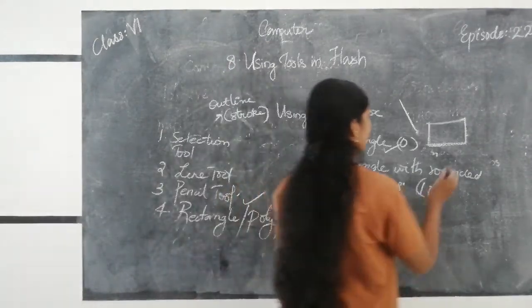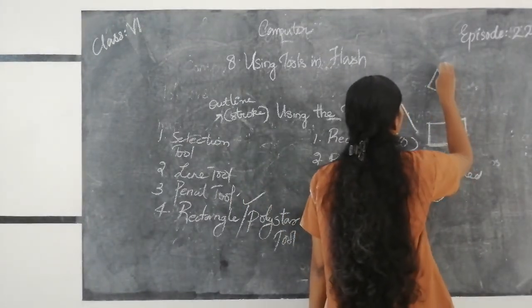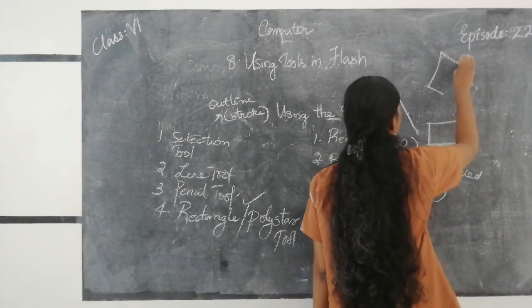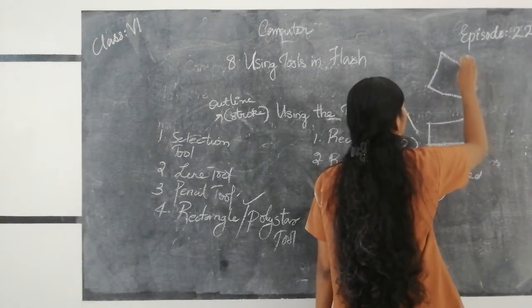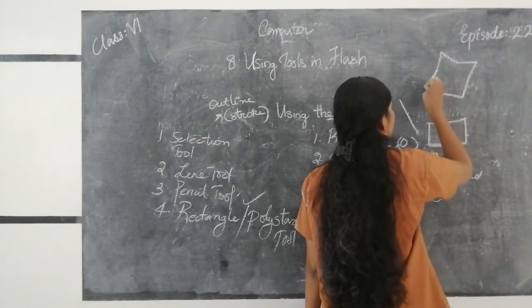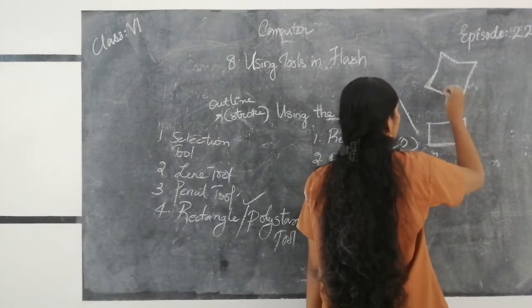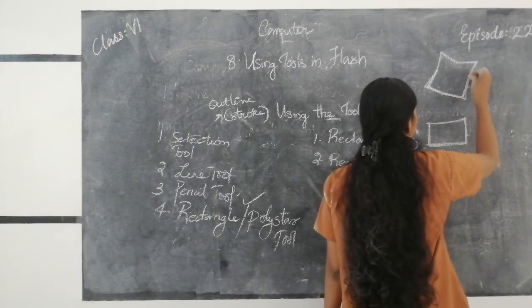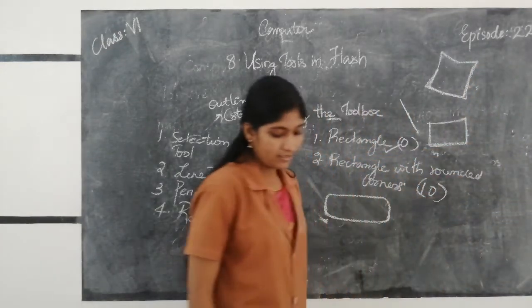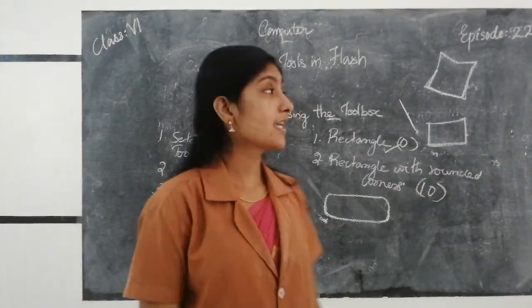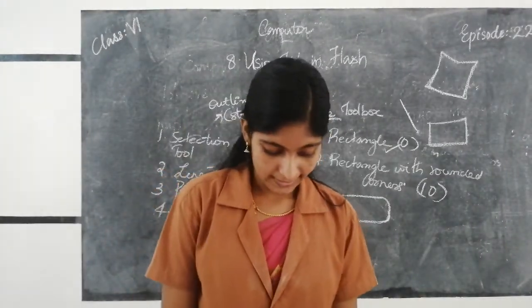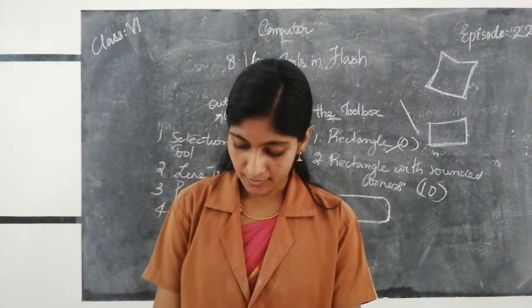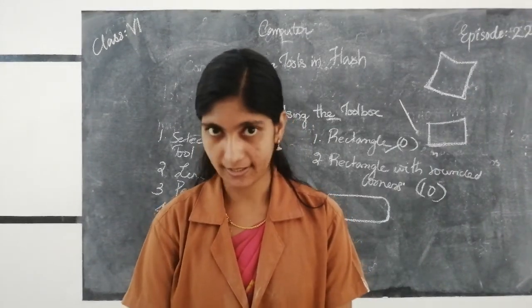For example, if you want to draw a Polystar with 1, 2, 3, 4, 5, 6, so 6 sides, you enter the number of sides in the sides section, and then you can create a 6-side Polystar. So that's the way for drawing a Polystar.